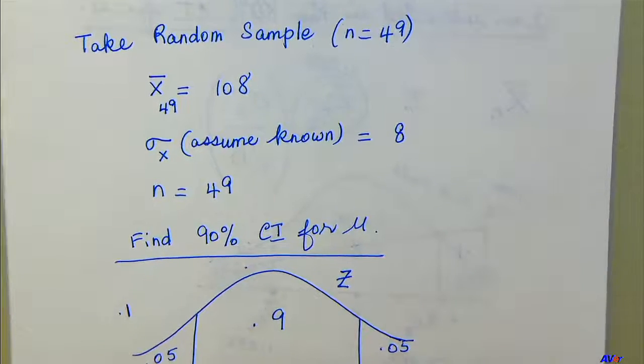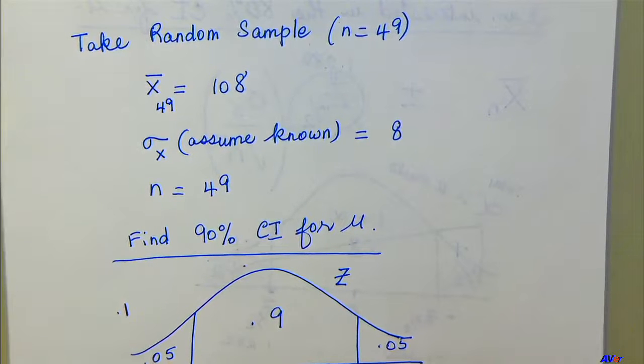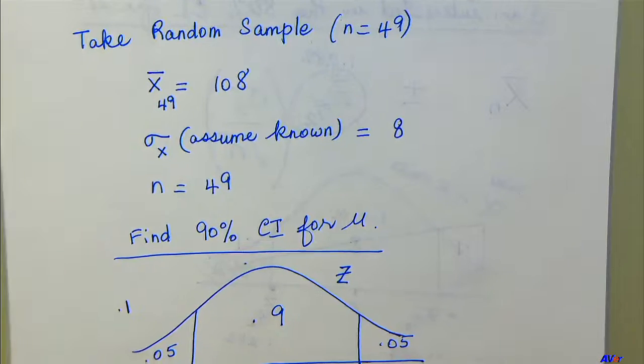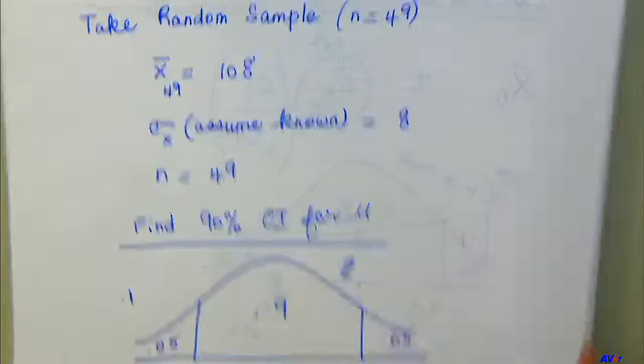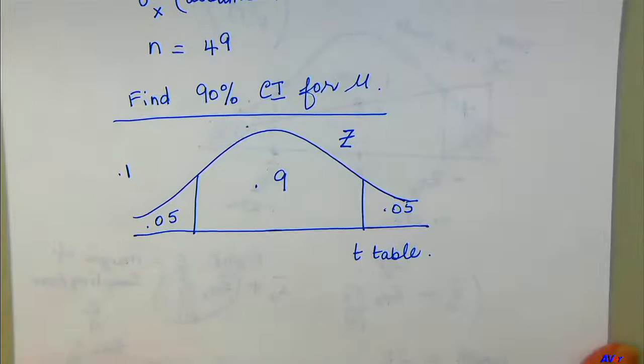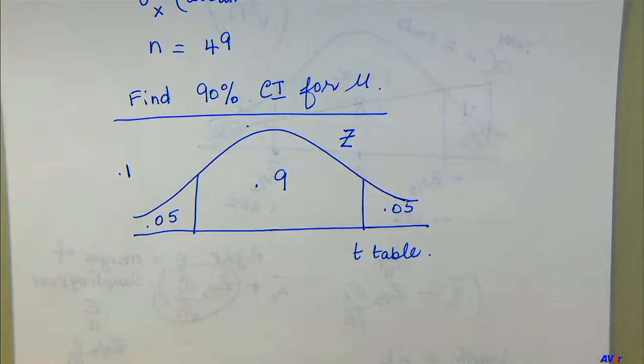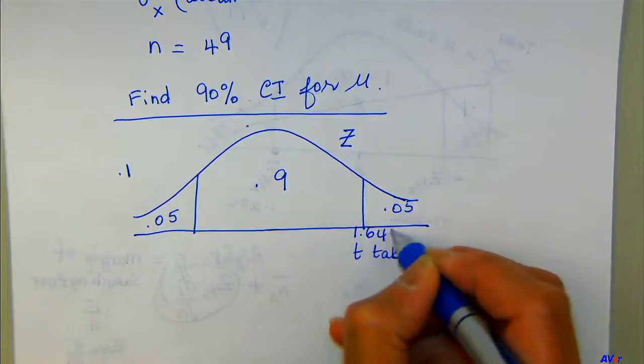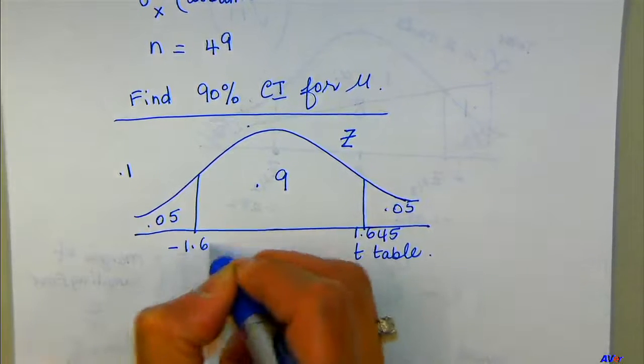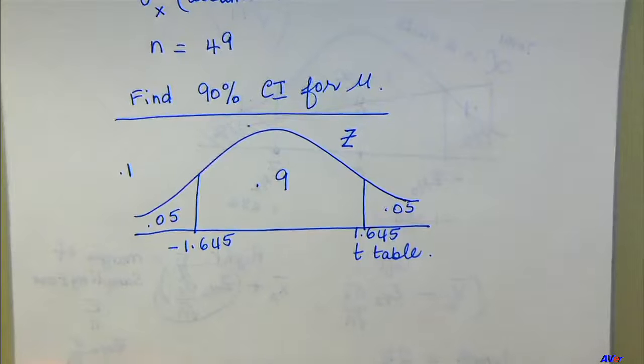Go to the T table. Go to the 0.05 column of the T table. What do you see? 1.645 and minus 1.645, because of the symmetry of Z.